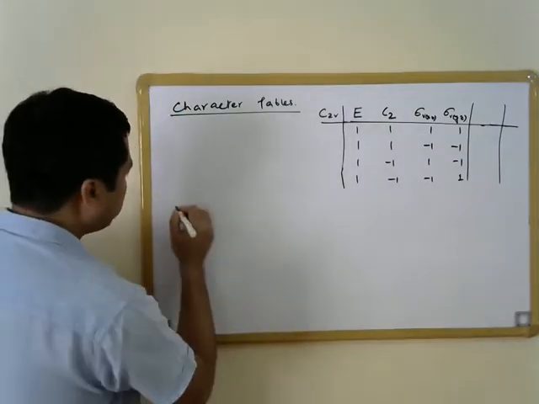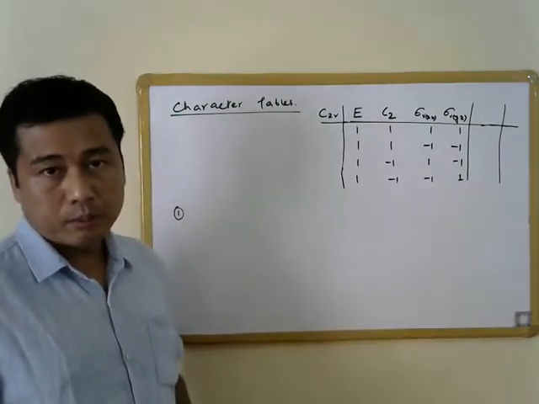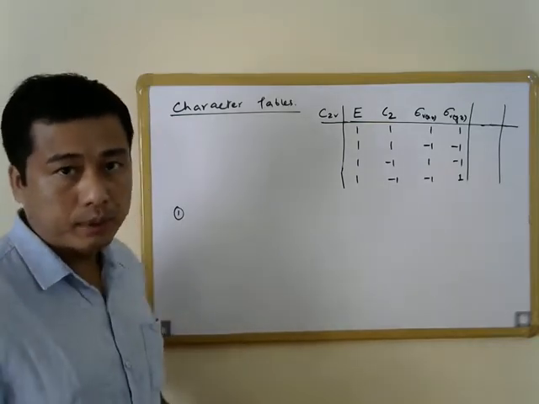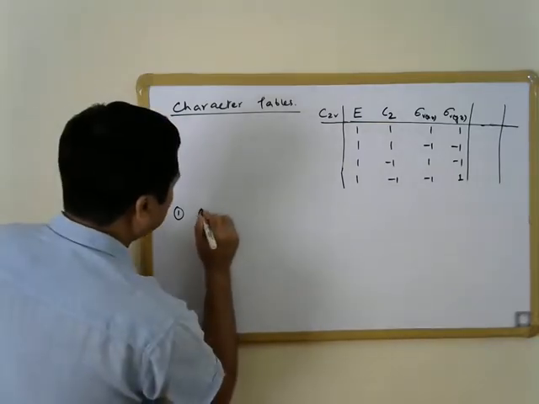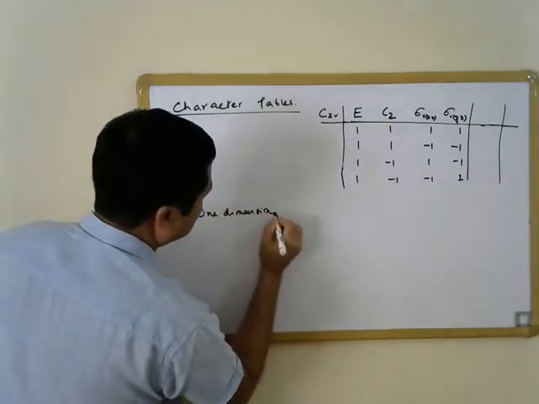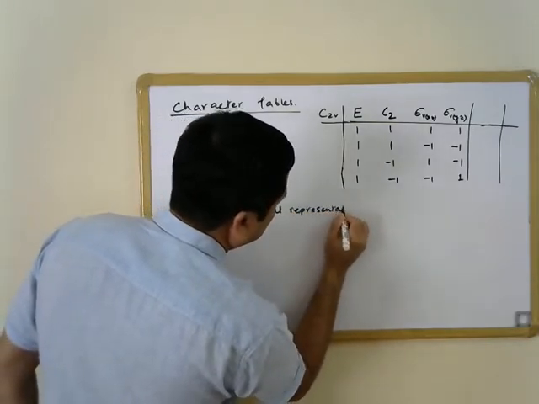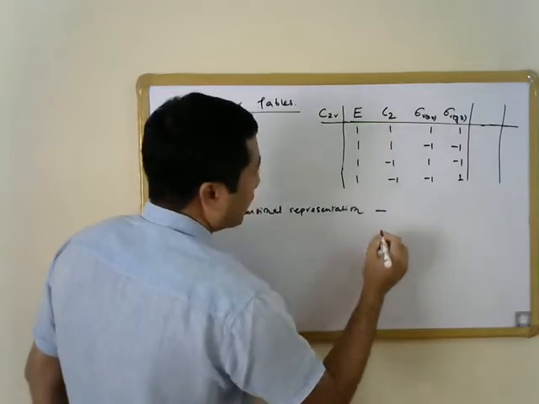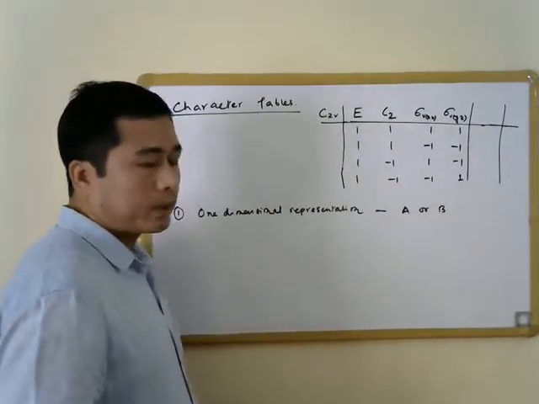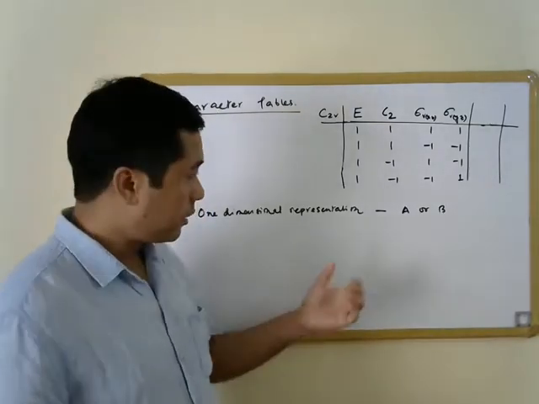So the first rule essentially states that for a one-dimensional representation, you use a symbol either capital A or capital B. When do we use the symbol A and when do we have to use the symbol B, that we will learn a little later.